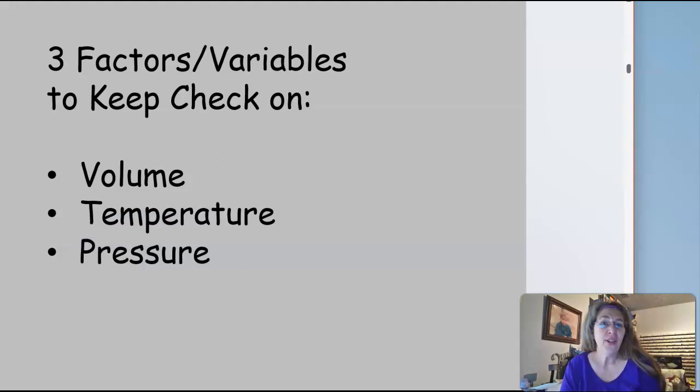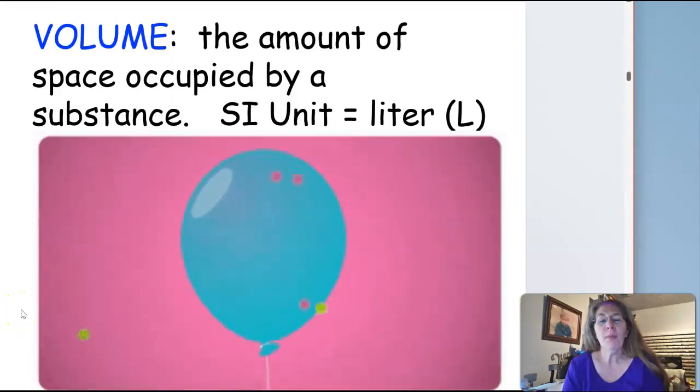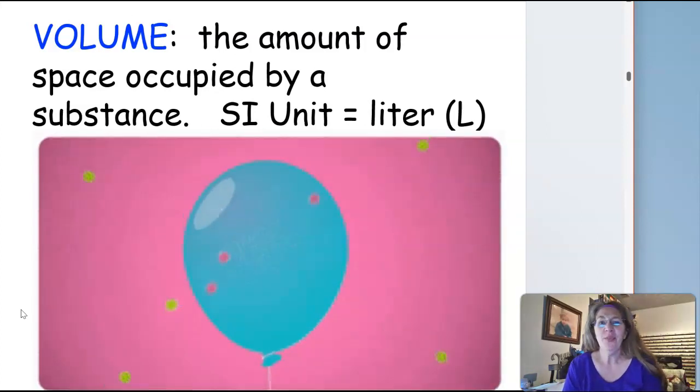There are three factors that we need to pay attention to when we're talking about gases, and that's volume, temperature, and pressure. If you remember from our previous discussions that volume is the amount of space that something takes up, and the SI unit for volume is the liter.